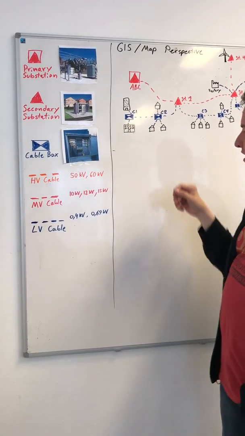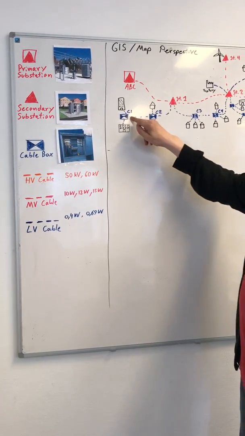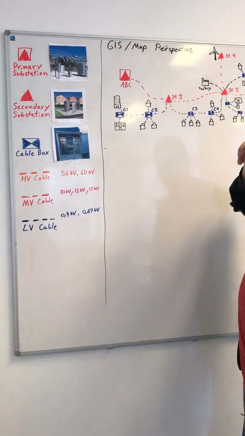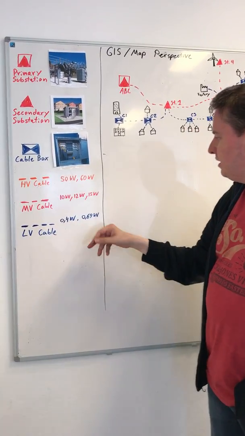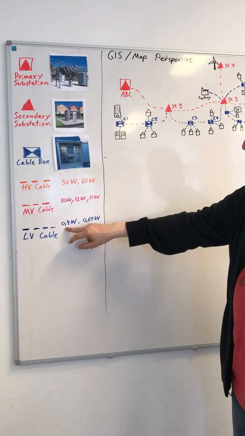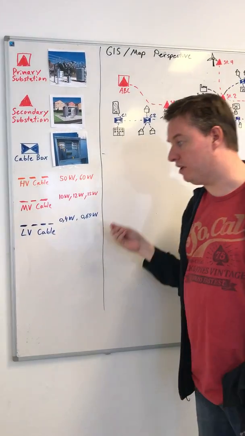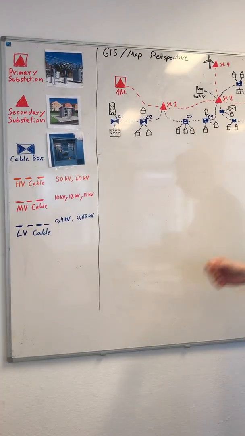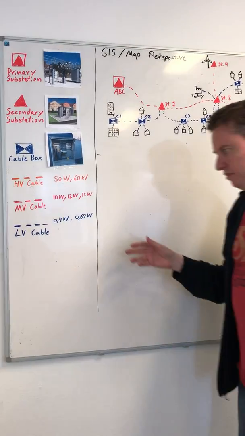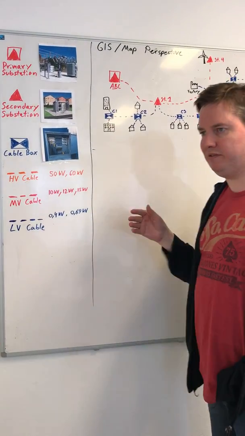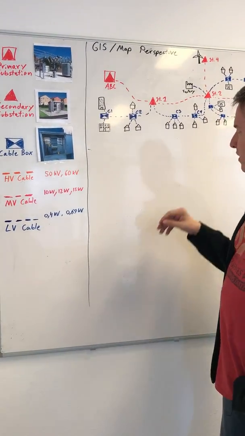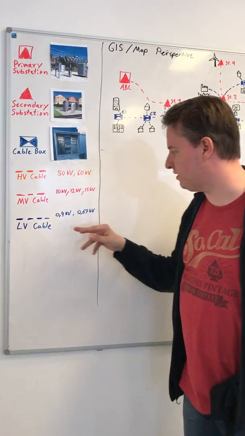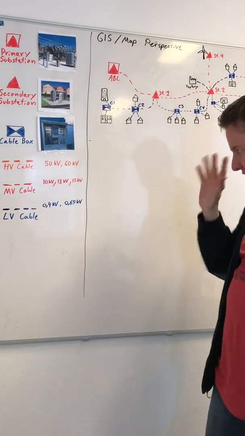That's what we call the low voltage cables, and they typically run at 0.4 kilovolt, that's 400 volts, the consumer level voltage. You probably know it as 240 volts. But in the utility, you call it 400 because this is the voltage between two phases. That doesn't matter.